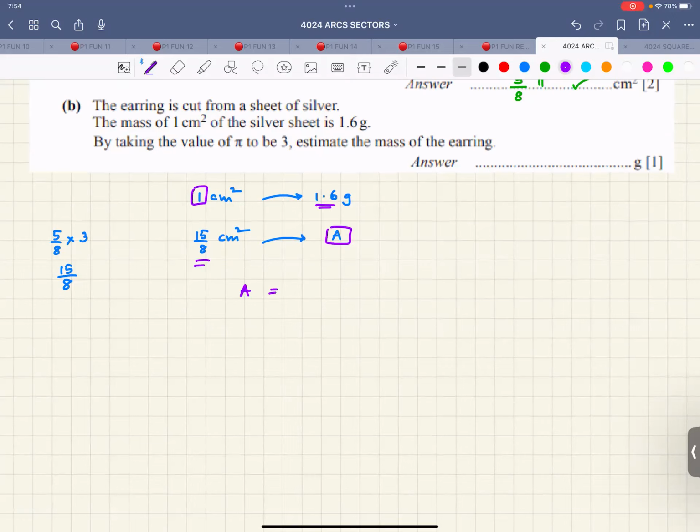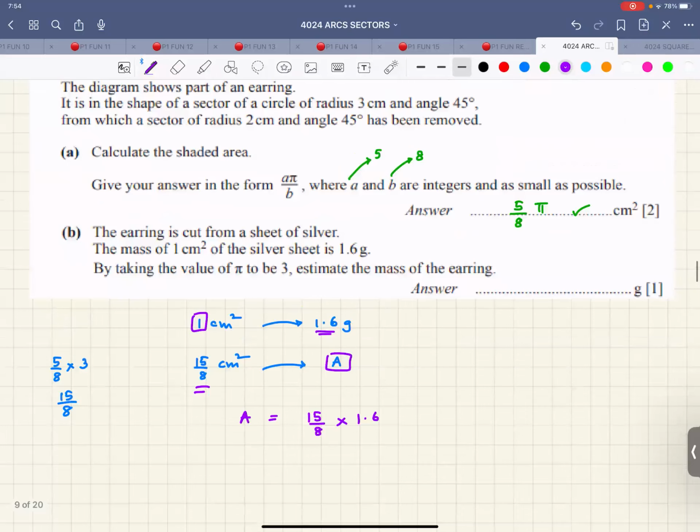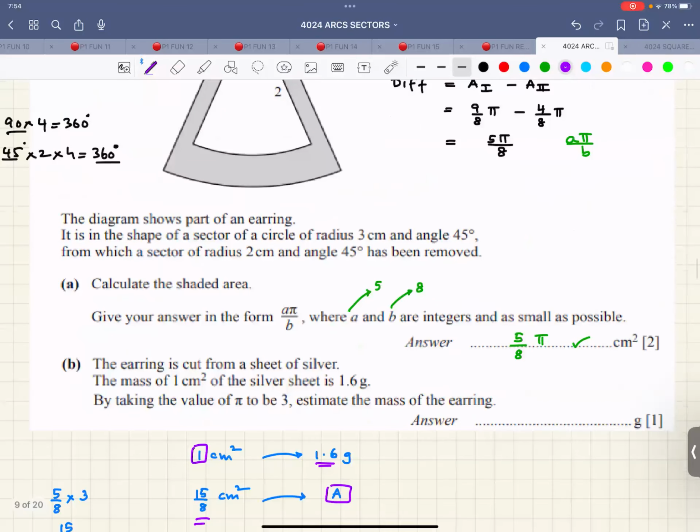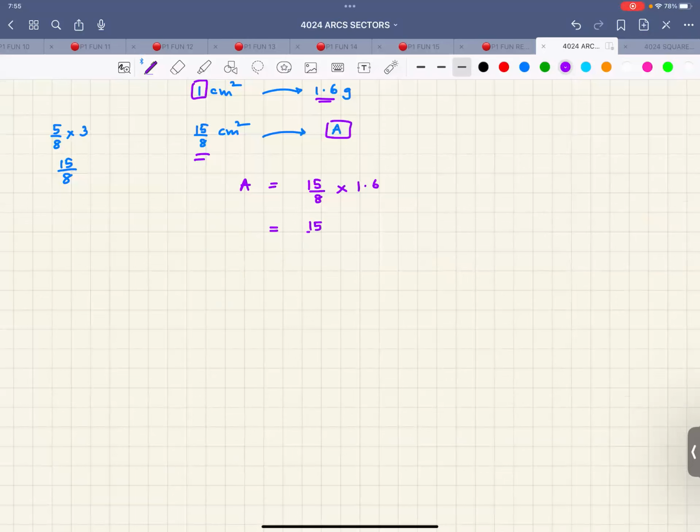So A is 15 over 8 into 1.6. Now keep in mind, it's a paper 1 question, so calculator is not allowed. So write this thing as 15 over 8 into 16 over 10. Now simplify. 5 3s are 15, 5 2s are 10, 8 and 2 is 16. There is 16 at the top. So this cancels off and we are left with 3.